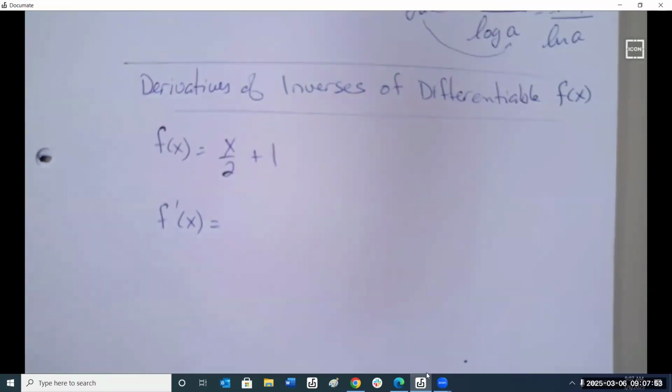What's the derivative of that function? It's not negative.